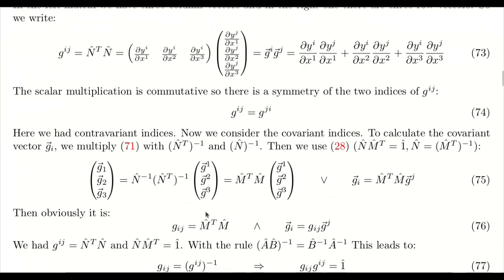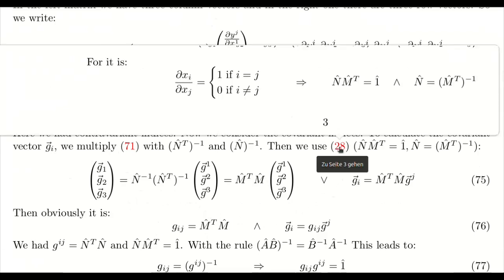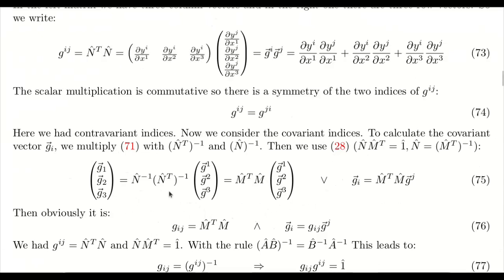And we had the relation between the n and m matrix. We had n multiplied by m transpose is the unit matrix. And so that means we can write, instead of these inverse matrices, the m matrix here, m transposed m.